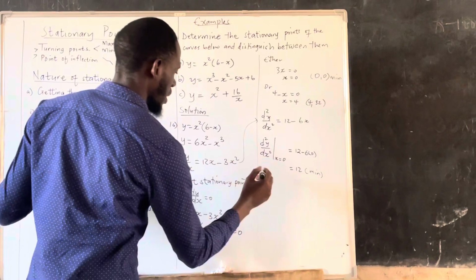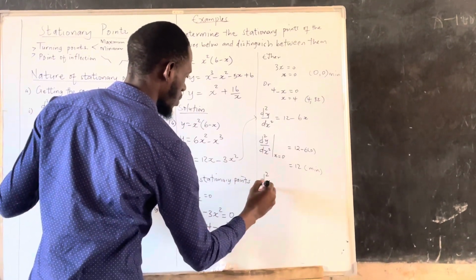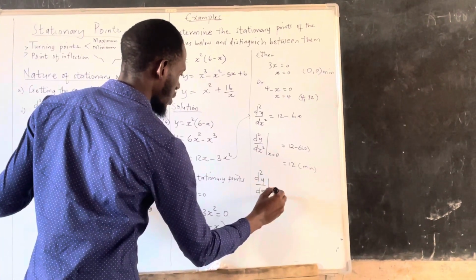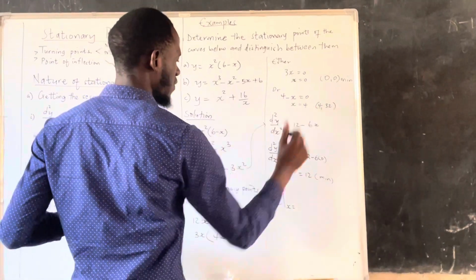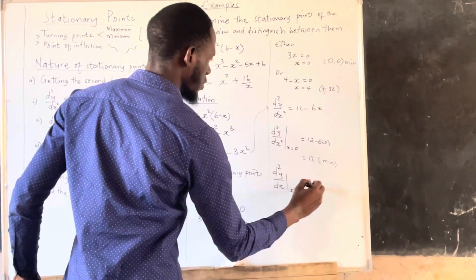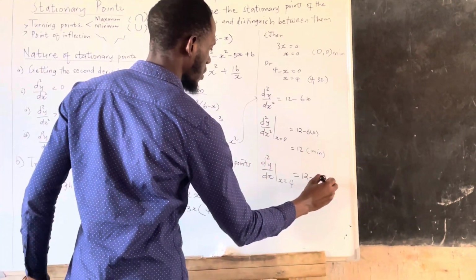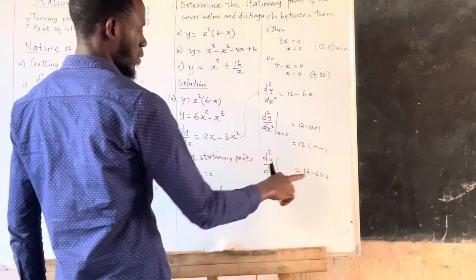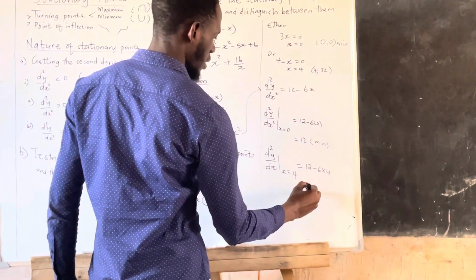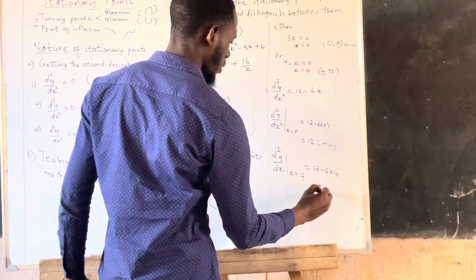Then I also substitute in the second derivative, d squared y by dx squared, when x is equal to 4. I substitute in, it's going to become 12 minus 6 times 4. This is 12 minus 24, which is negative 12.